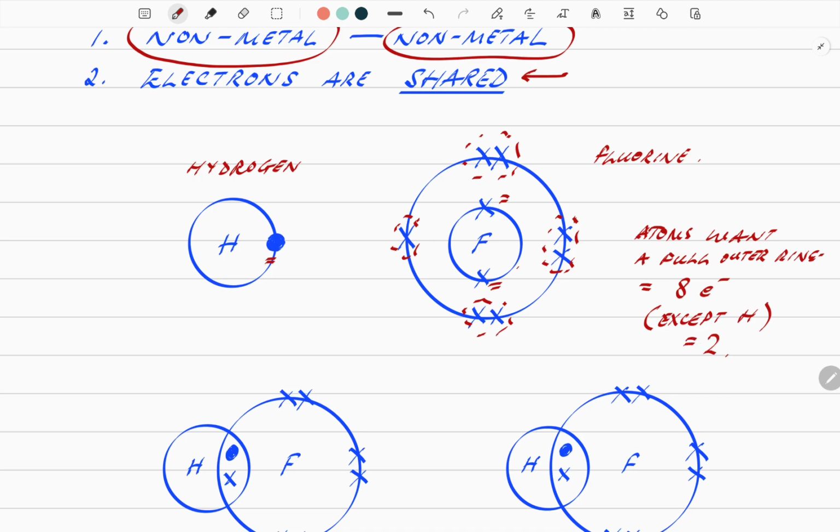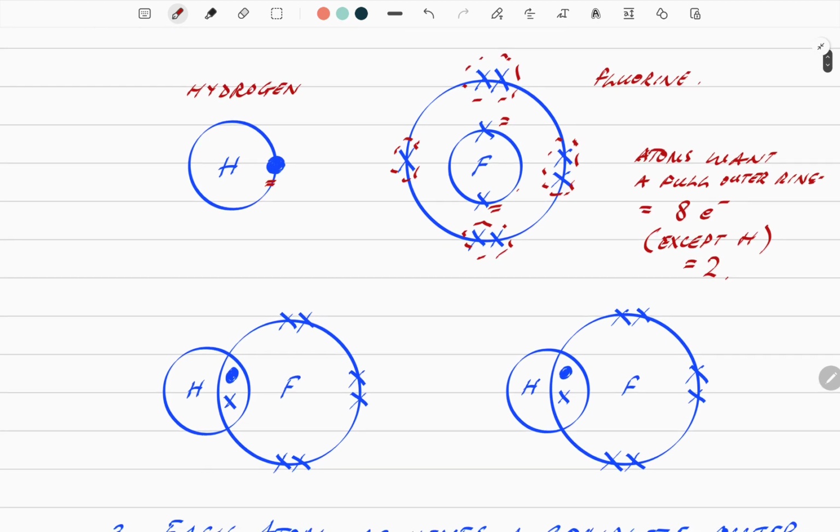All the others, as far as GCSE is concerned, will want 8 in the outer ring, whether by gaining an extra electron or two to complete the shell, or by getting rid of extra electrons in the shell to drop down to the lower one.